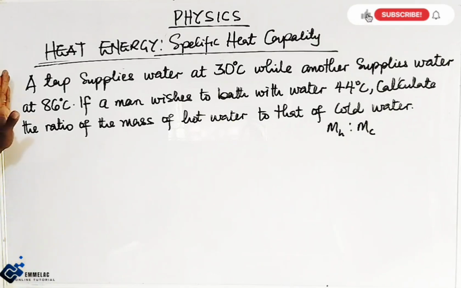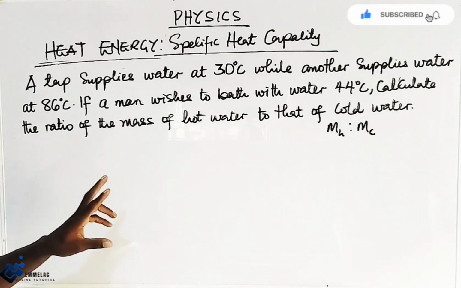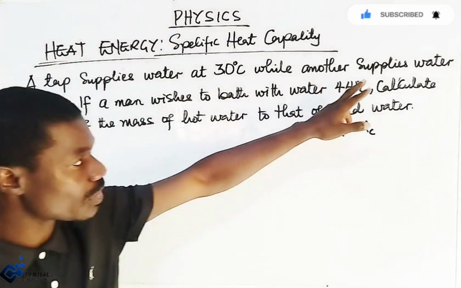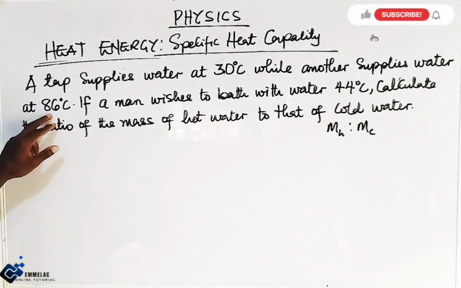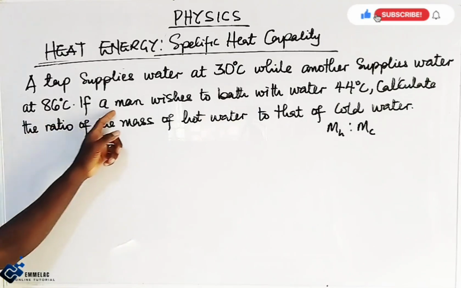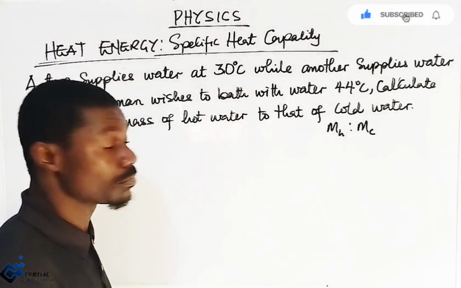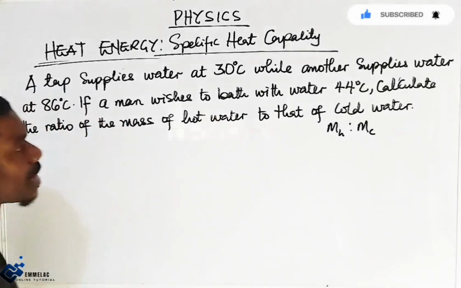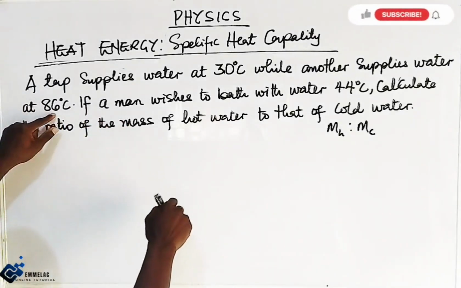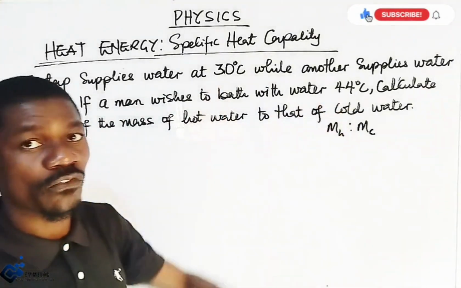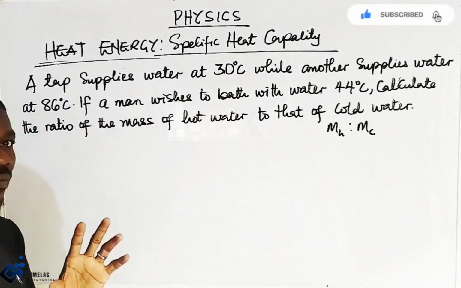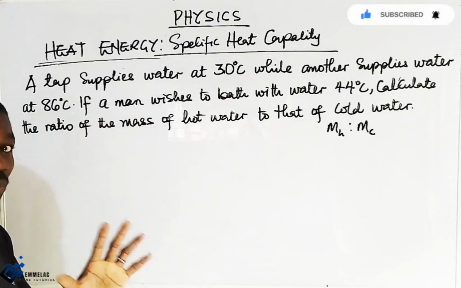Now, in this kind of question, it tells you about two things. A tap that supplies water at 30 degrees Celsius and another supplies water at 86 degrees Celsius. Now, this man wishes to bathe with water at 44 degrees Celsius. Now, the question is, how do we marry 86 and 30 to 44? In questions like this, there is a principle behind it.